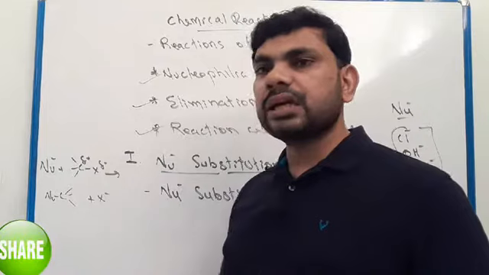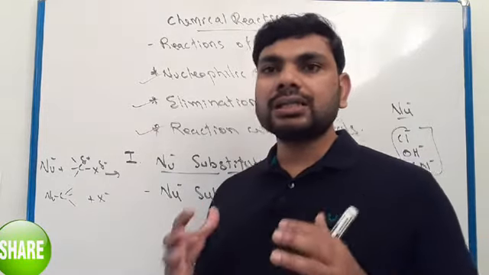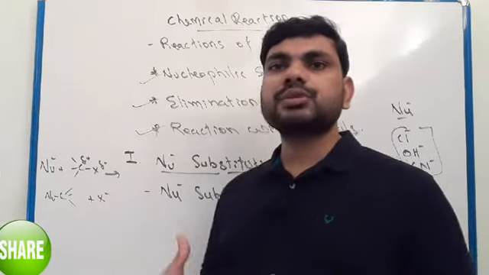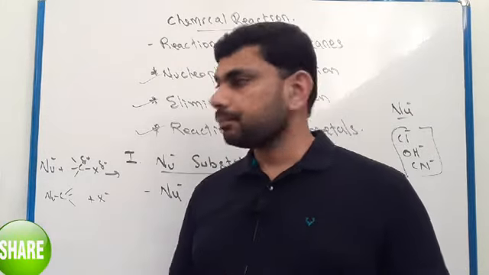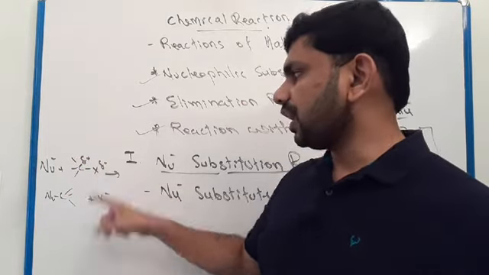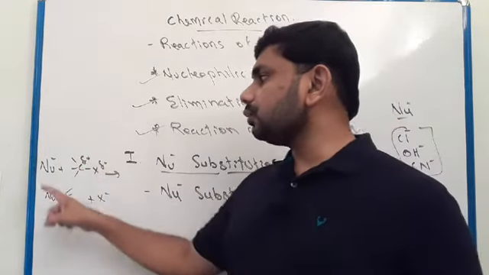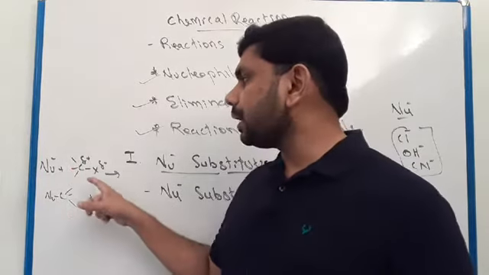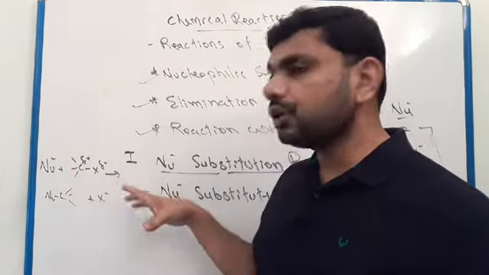This type of chemical reaction is called nucleophilic substitution reaction. Here the nucleophile substitutes the halogen. Here you can say nucleophile is the attacking group, and X is the leaving group.